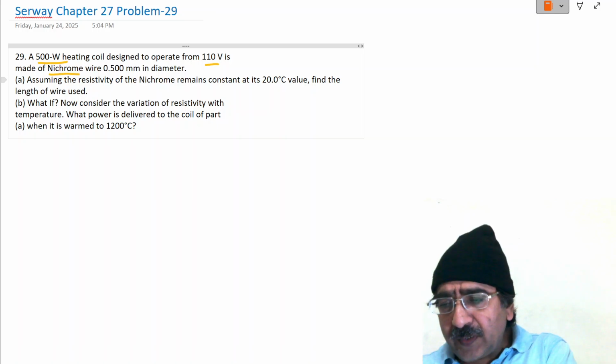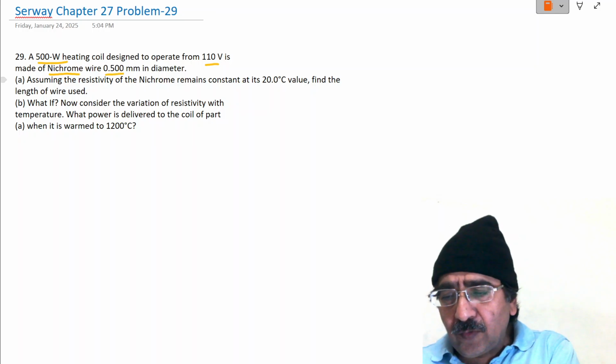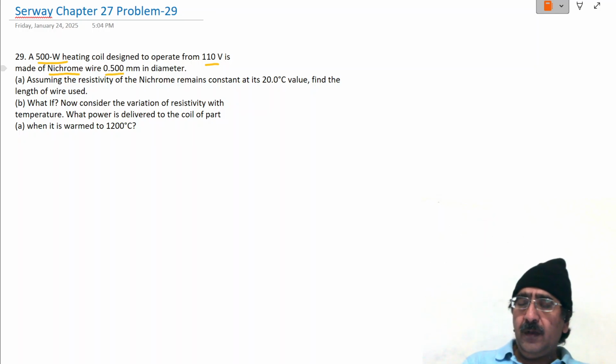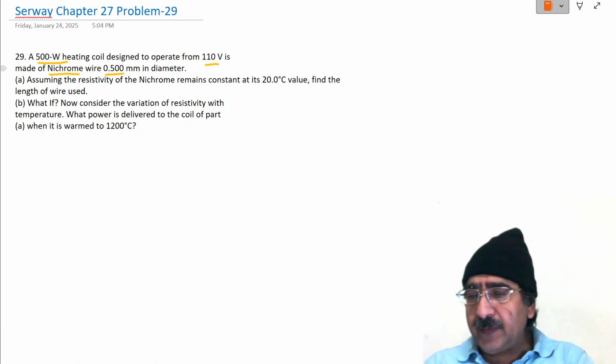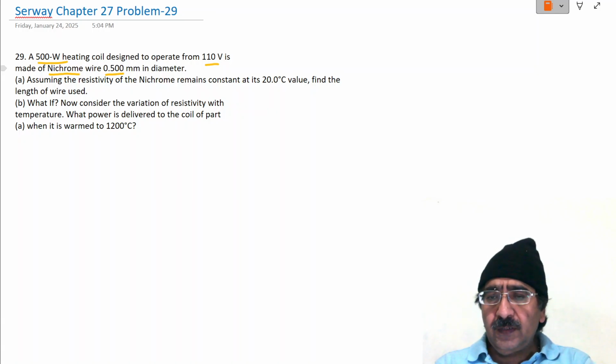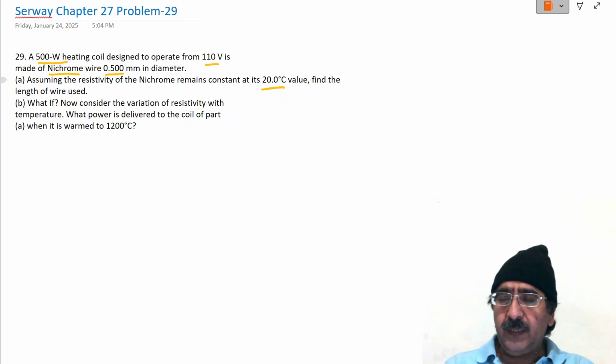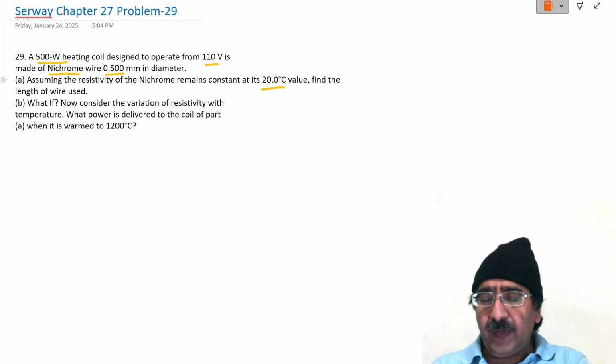Okay, that is very important. Nichrome wire of diameter 0.5 millimeter. Assuming that resistivity of the wire is constant at 20 degrees, find the length of the wire. Okay, we have to find the length of wire.